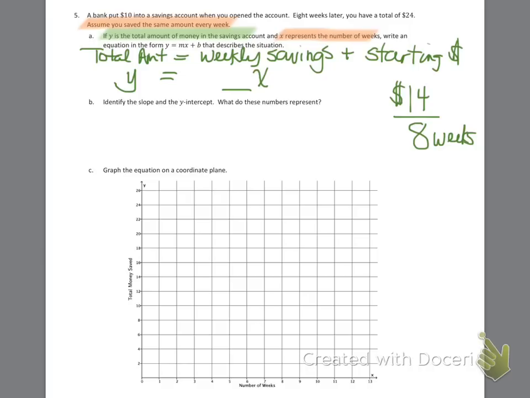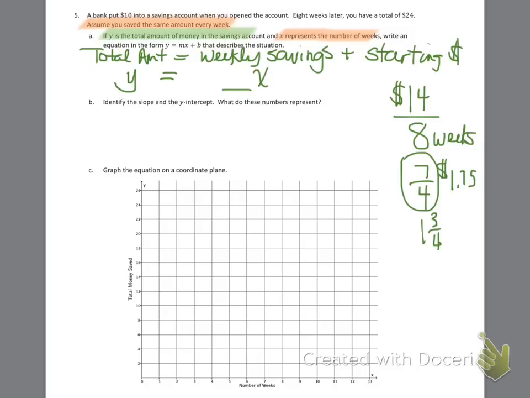So 14 divided by 8, I'm going to simplify to 7 over 4. So if I think of that number 7/4, what that's telling me is that I'm saving $1.75 each week, because this is 1 3/4 per week, right?